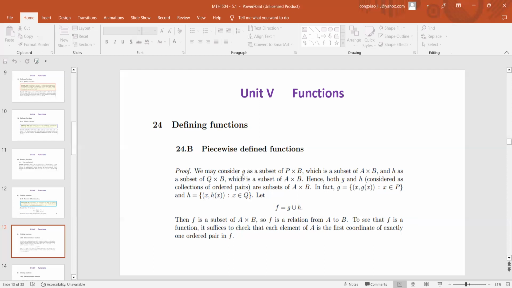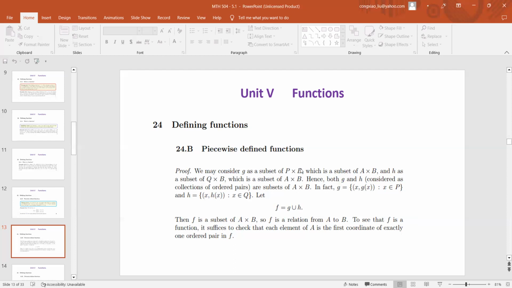The function g is defined from P to B. That means for each element in P, you pair it with an element in set B. But you may not take all of the elements in B, the codomain, which may be larger than the range.